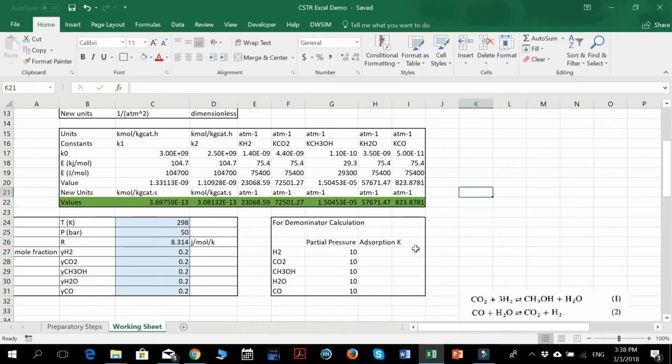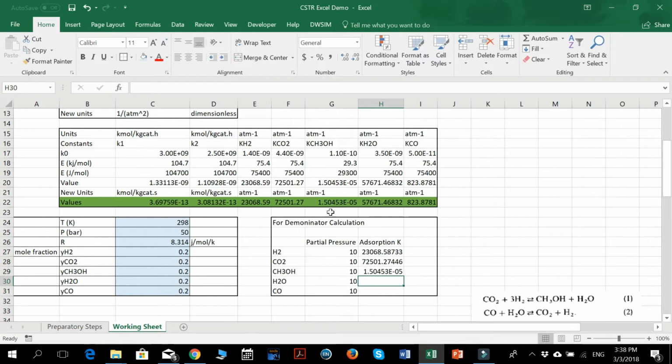Okay, so let me box up the things again, and let's do the adsorption constant. This one has to be a little manual, but don't worry, it only has to be done once. So equals KH2, this is equals to KCO2, this is equals to KCH3OH, second last KH2O, last one KCO.